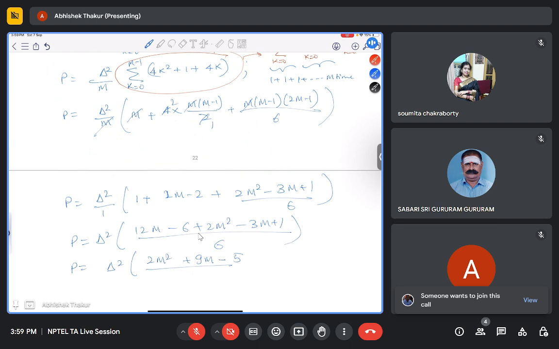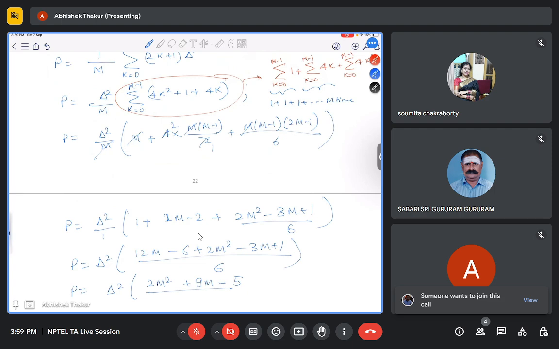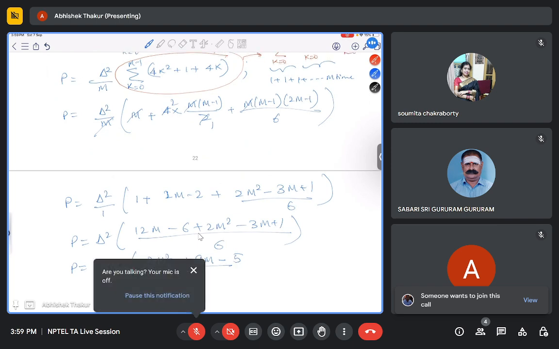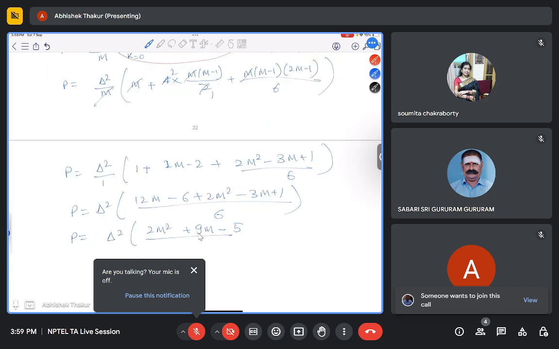Am I doing any miscalculation somewhere? 2M square minus 2M minus M minus 3M plus 1 minus 6, 12M.